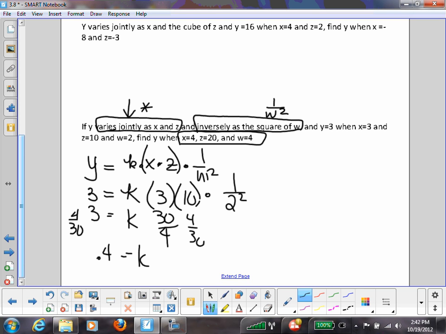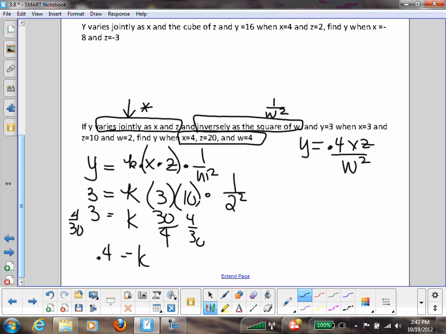Okay. So then we start with our equation. y equals 0.4 xz over w squared. I can go times 1 over w squared, or I can just put it all over w squared, right?